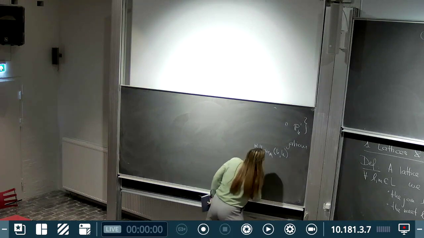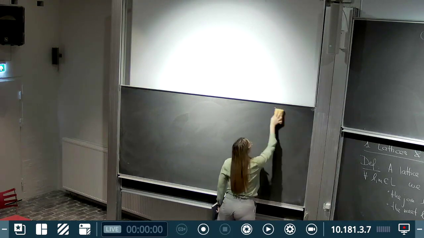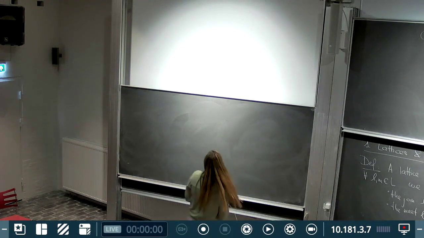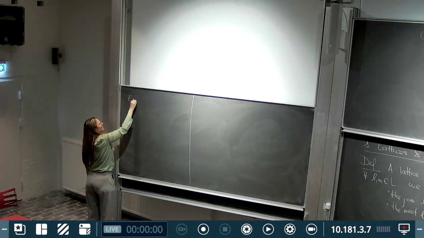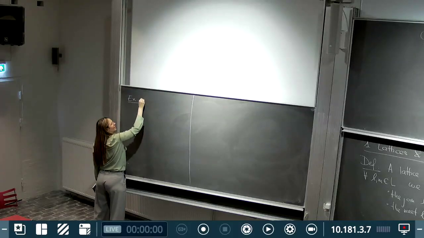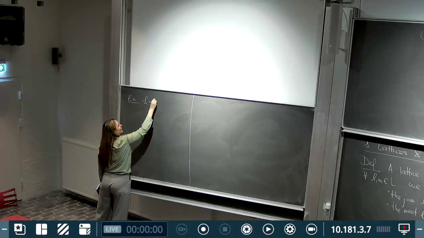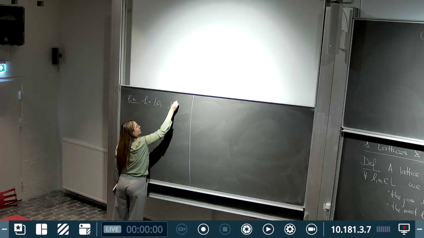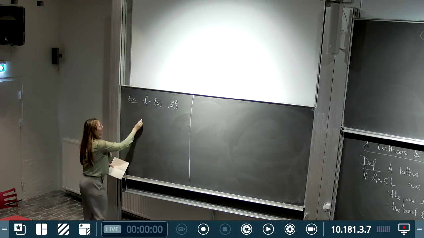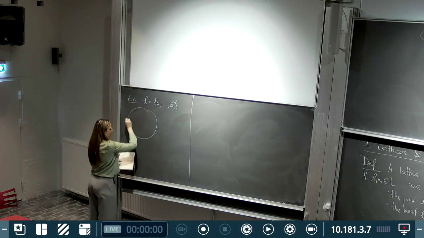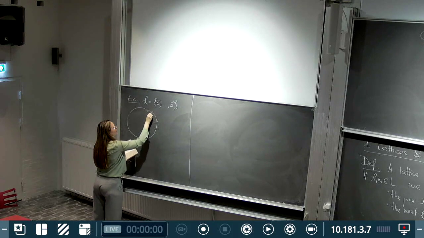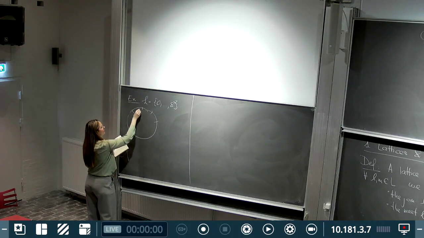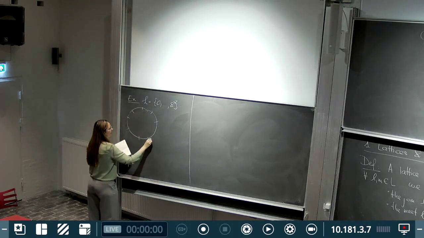So let's do a non-crossing partition of the finite set. Let's say we have the numbers from 0 up to 8. So I could write my numbers from 0 up to 8 on here.